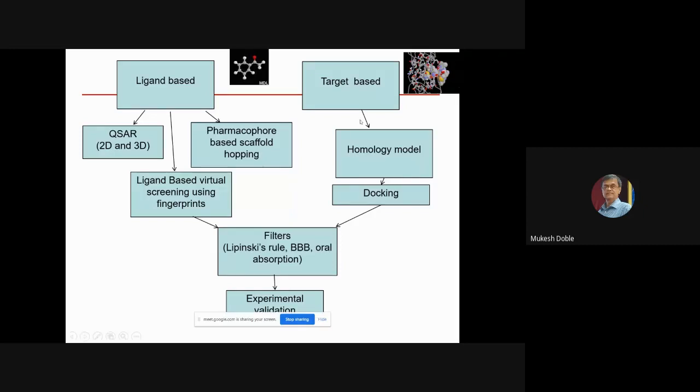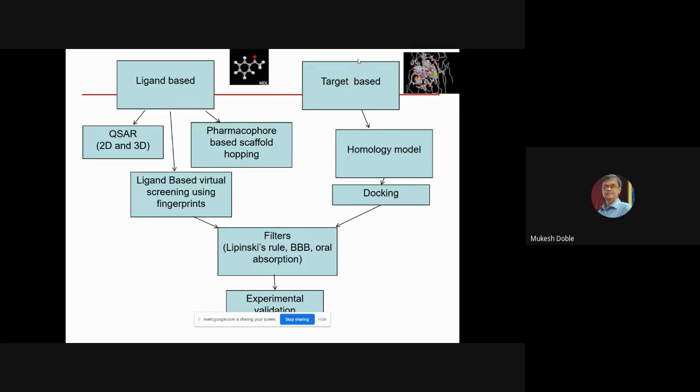Then on the second day we looked at ligand-based drug design. There are two approaches mainly: the pharmacophore-based approach and the QSAR-based approach. On the second day we looked at pharmacophore. We identified common features or common pharmacophores for a given set of molecules. The pharmacophores are hydrophobic groups, aromatic groups, hydrogen bond donors, acceptors, and then cations and anions.